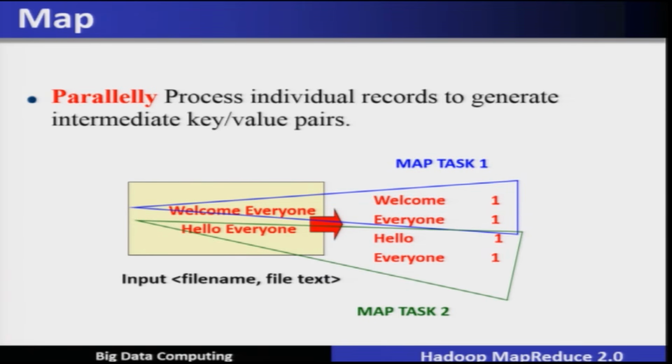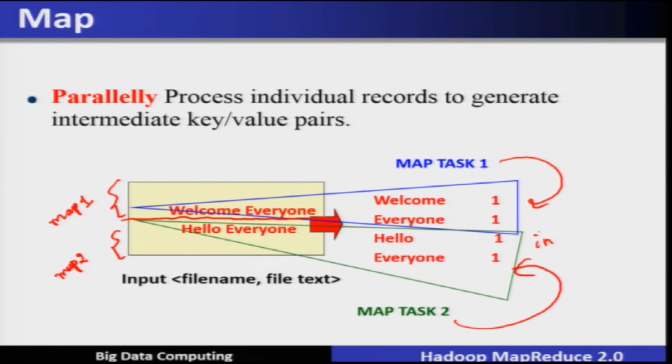Now, let us see how this map function can work in parallel. For example, instead of processing these two lines sequentially, let us divide them into two different chunks. One chunk will be given to map function 1, and the other chunk to the second map function. If there are two chunks, we process them in parallel. Map task 1 will execute, and map task 2 will also execute in parallel.